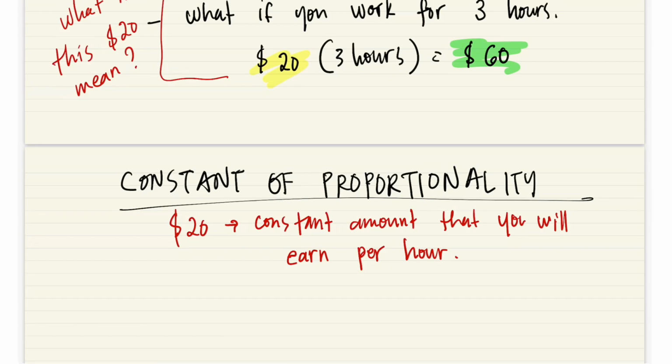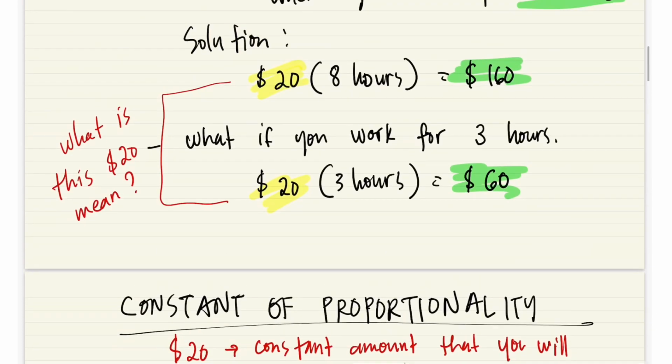Okay, so therefore, in the scenario here, 20 is constant. Correct. 20 is constant.